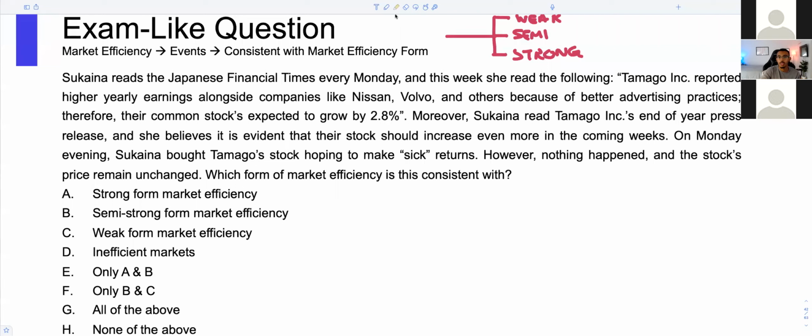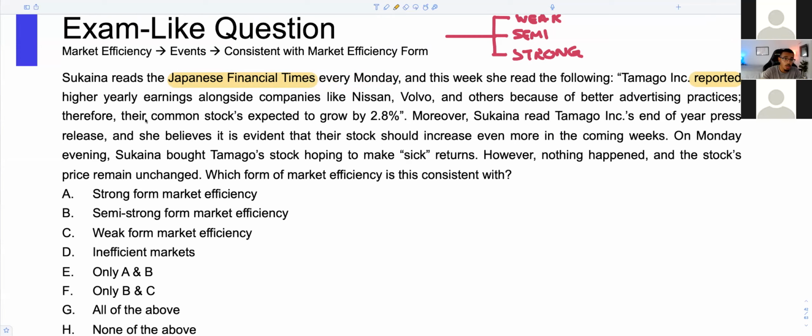Okay, so this one's interesting. It's a long question, pardon my French. Sukena reads the Japanese Financial Times every Monday. And this week, she reads that Tamago Inc. reported higher yearly earnings alongside companies like Nissan, Volvo, and others because of better advertising practices.